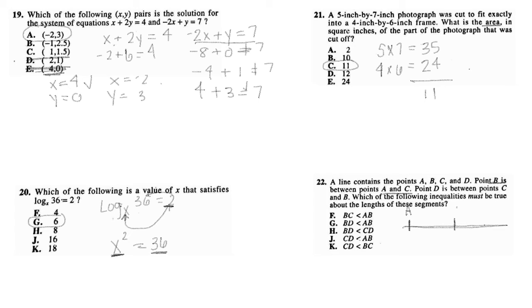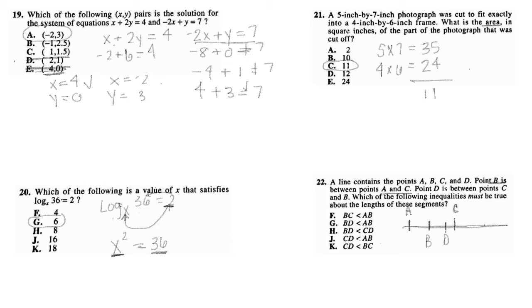If C is here, then that means that point B is between them. So point B has to be here. And then it says point D is between C and B. Well, that means point D has to be somewhere here.